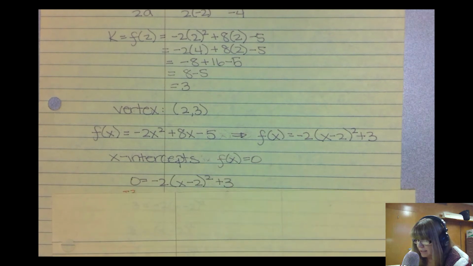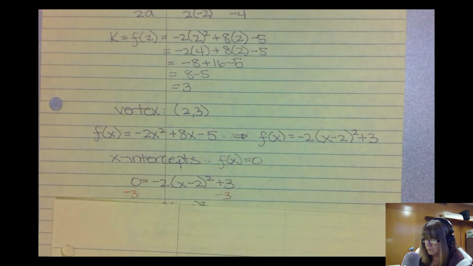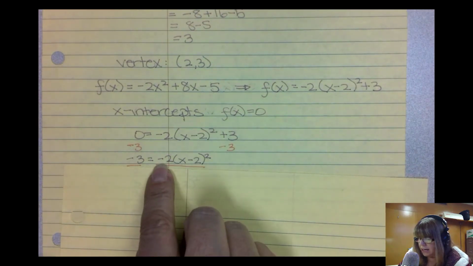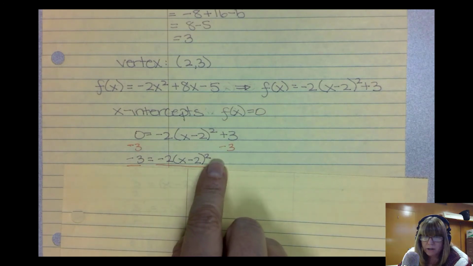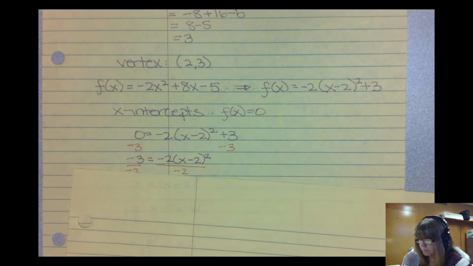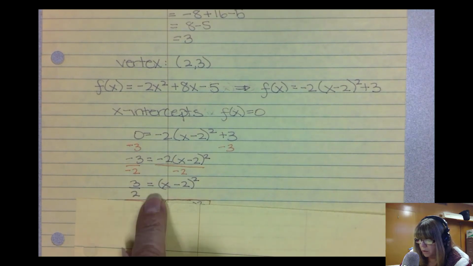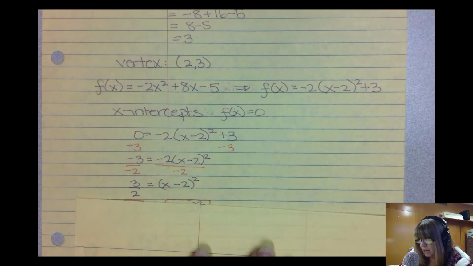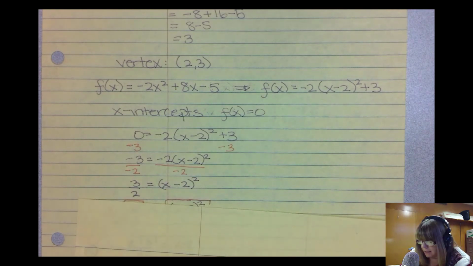So I am going to set it to 0, and I'm going to solve this equation. Let's subtract 3 from both sides. Then we get negative 3 equals negative 2 times x minus 2 all squared. I'm going to get rid of this negative 2 by dividing both sides by negative 2. And I get 3 halves equals x minus 2 all squared. I'm going to take the square root of both sides, remembering that our side without the x needs the plus and minus.